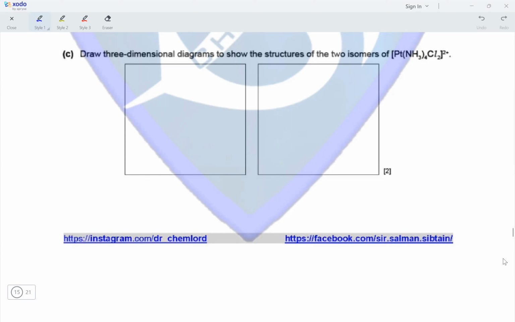Draw three-dimensional diagrams to show the structure of the two isomers of platinum with four ammonia and two chlorides. So if there are two chlorides, we can show cis and trans conformations. So we would have the central metal ion as the platinum ion. Then we would have positions for substitutions for both the ions as represented by octahedral complexes.